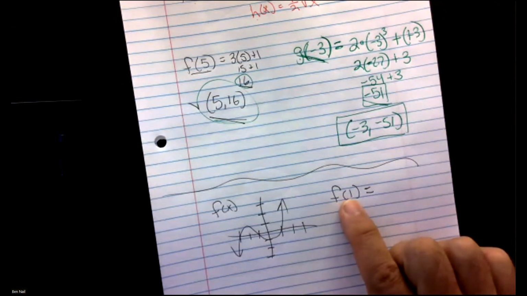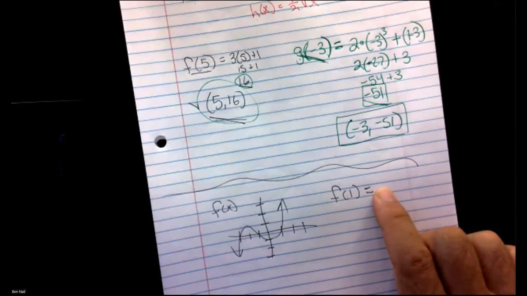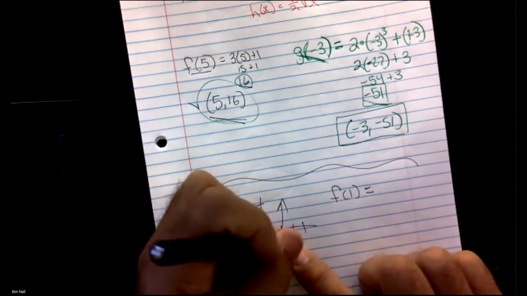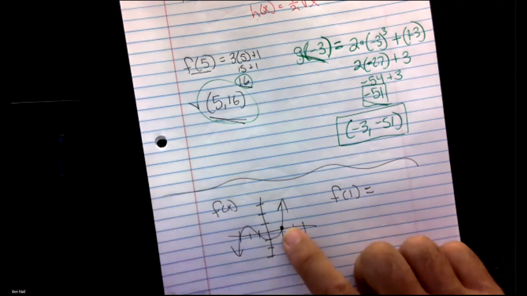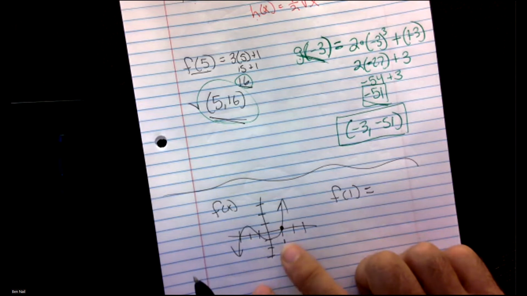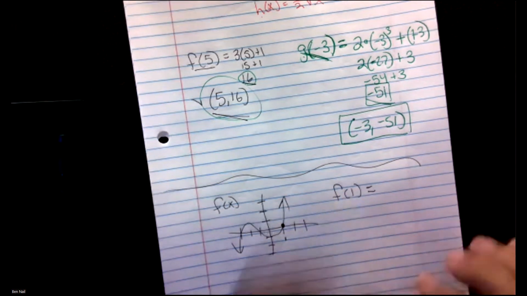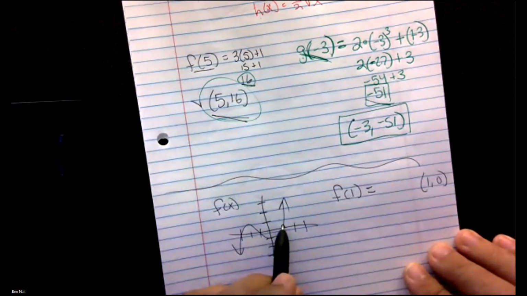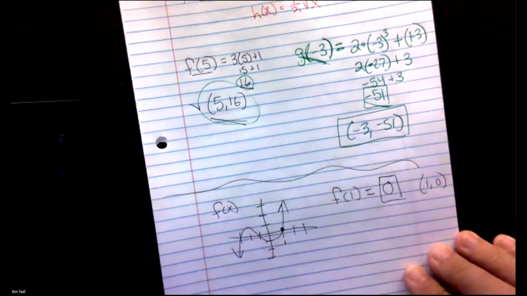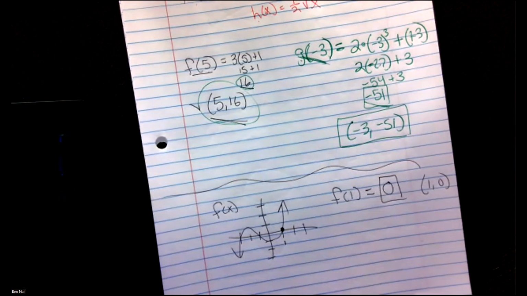This is asking kind of the same thing. So if 1 is my x, what is my output? So if I look at 1 on the x axis, that is a 0 on the y. So again, at the x coordinate of 1, remember that's the coordinate 1, 0. So that means my output would be 0.